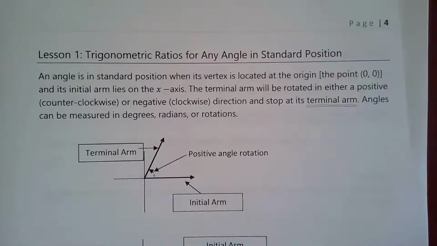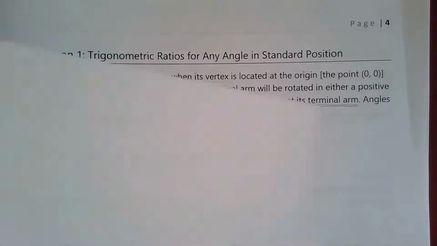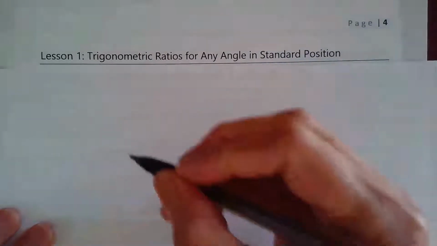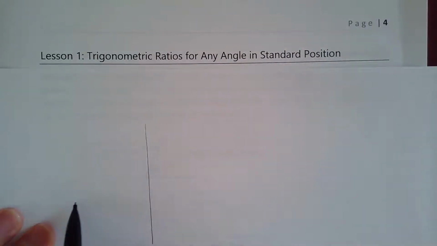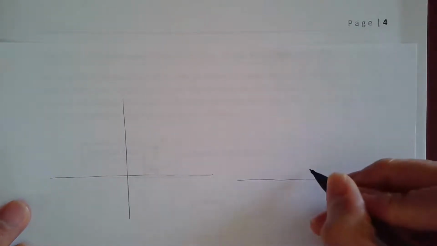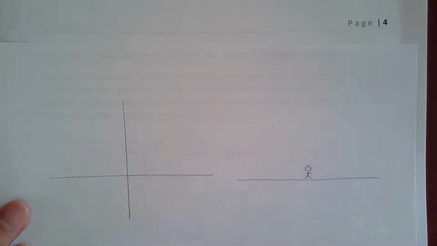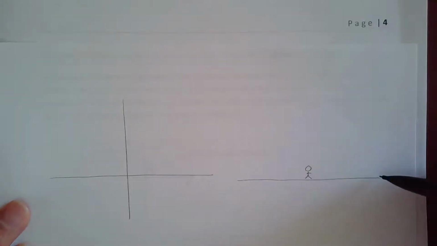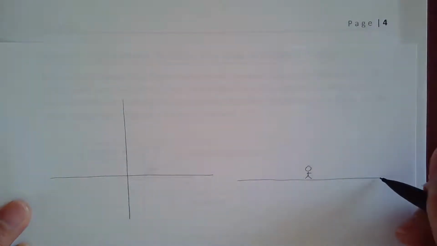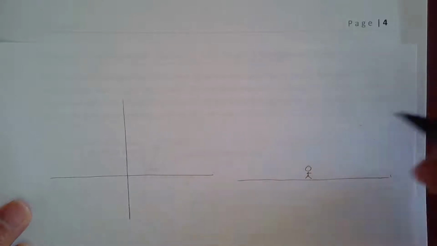So what happens is, okay, this is from the perspective of somebody down on earth. So a person on earth right here is looking at the sky above, and it notices that the sun revolves this way.